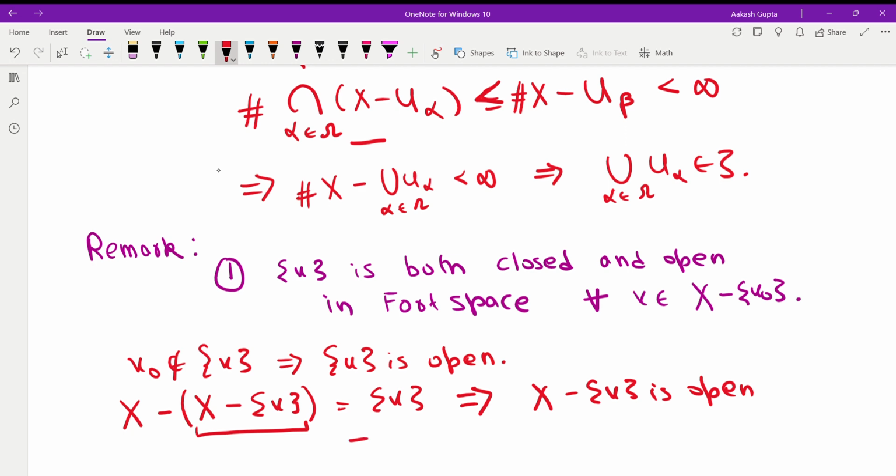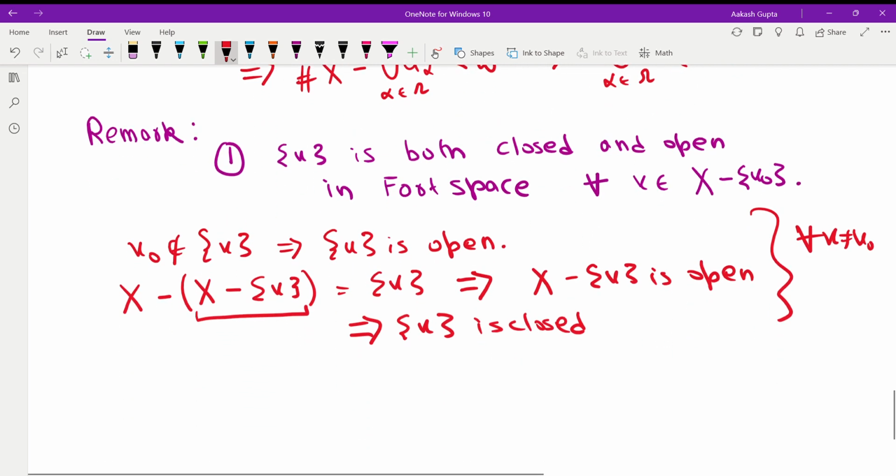So you see, by definition of closed set, what are closed sets? Those whose complements are open. So this implies singleton x is closed. This is happening for every x other than x naught. That's what I wanted to say.